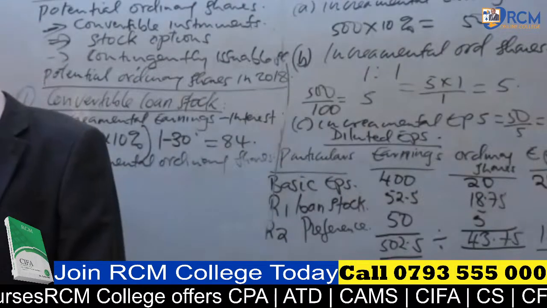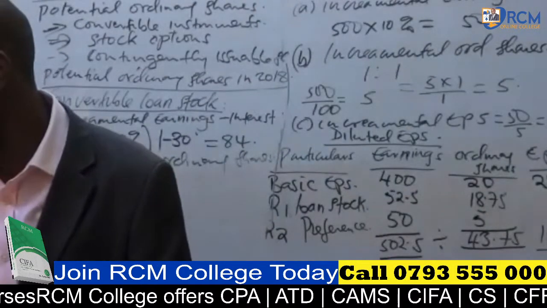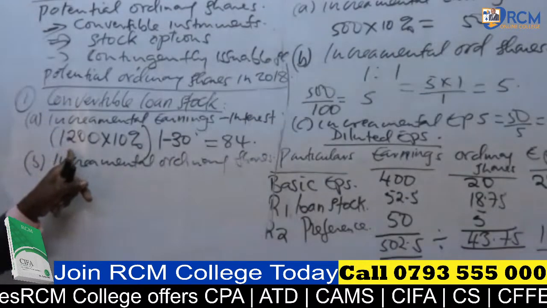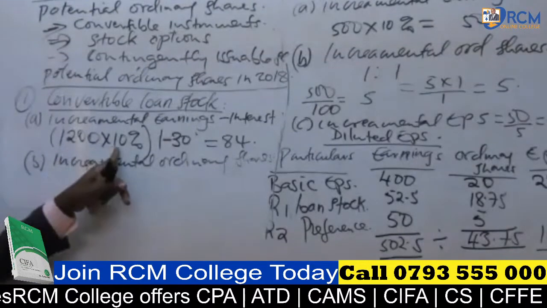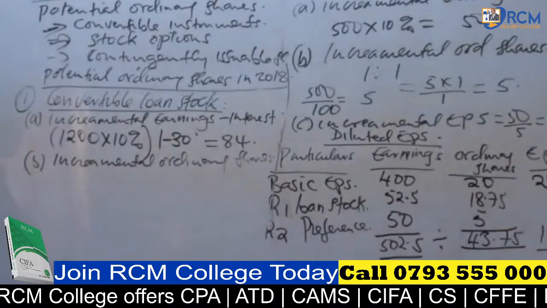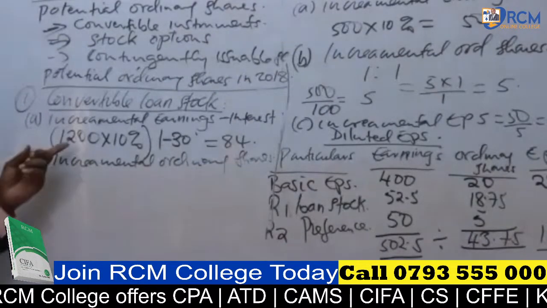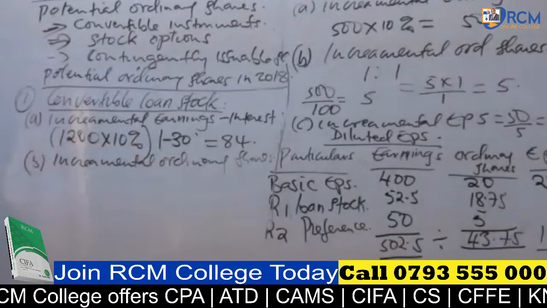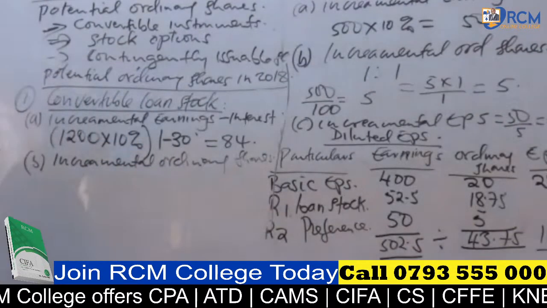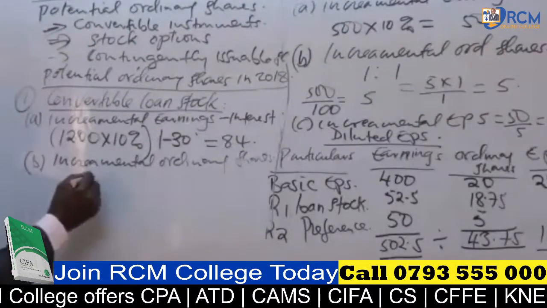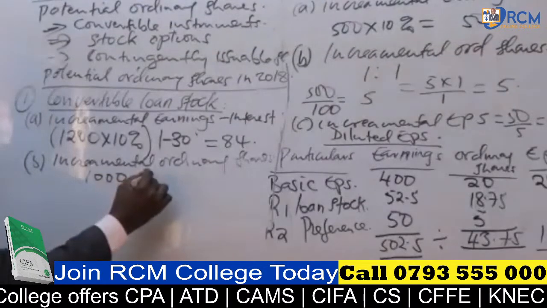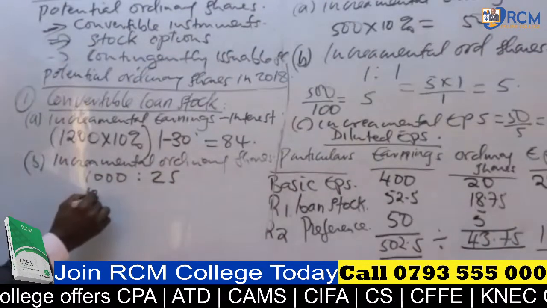How do we get 84? It is 1,200 times 10% times the tax shield, that is 70%. Purity, you are saying 30. Thank you very much. Now, for every 1,000, you are going to get how much? We are going to get 25. What about 1,200?